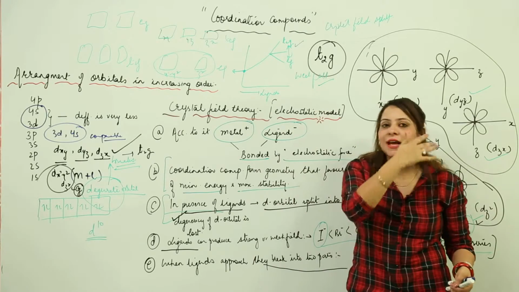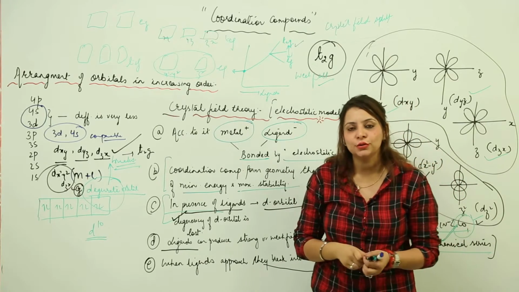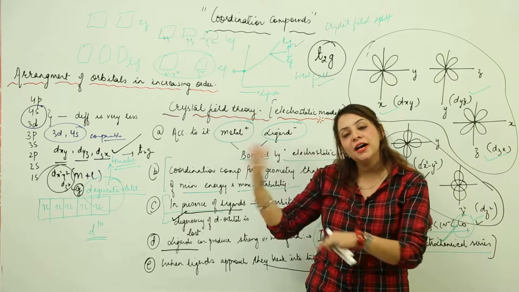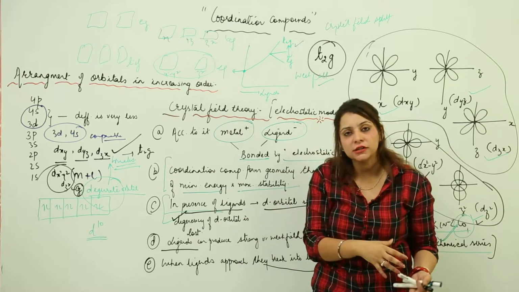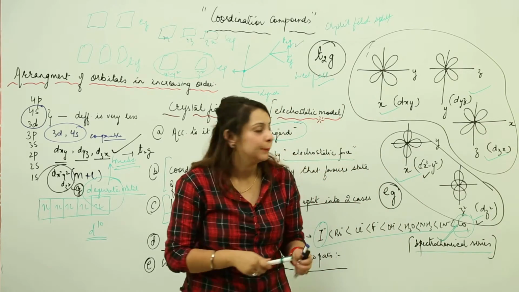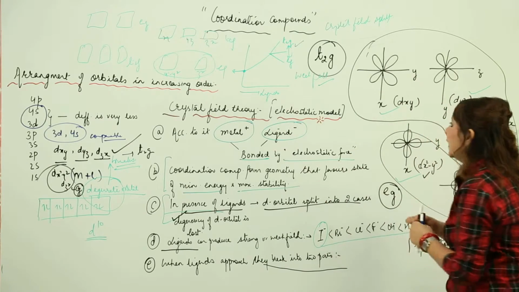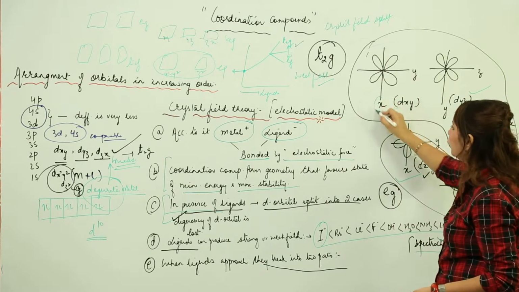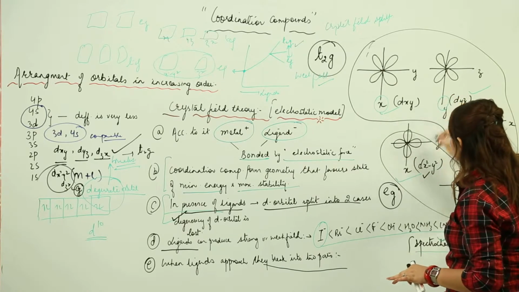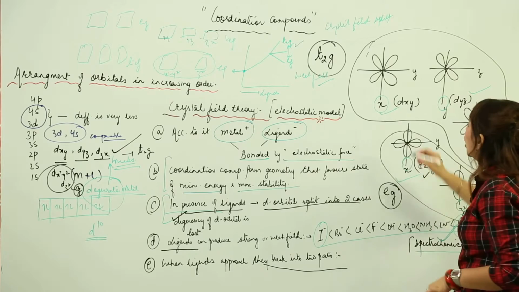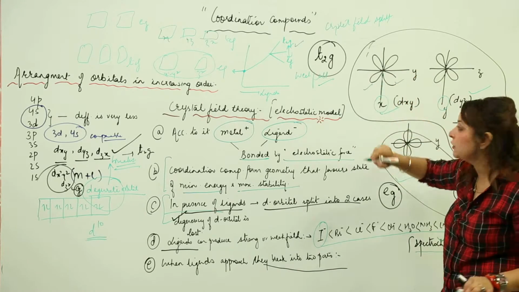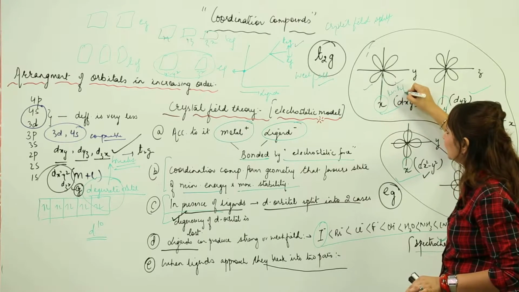It is actually apart from your syllabus, but still I want you to know why some orbitals have high energy in certain cases and the energy falls in other cases. It depends on the side from which the ligand is coming. See, if I have this dxy, and my ligand is coming from this axis, then because the electron clouds lie between x and y, they will suffer less repulsion.